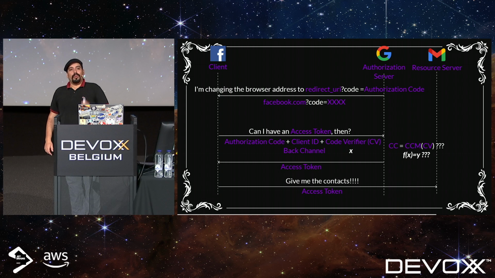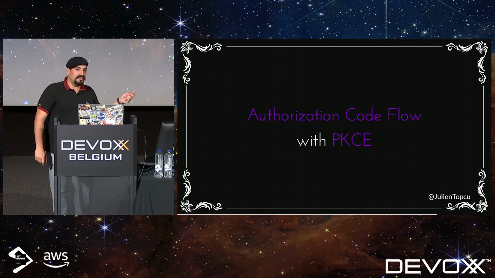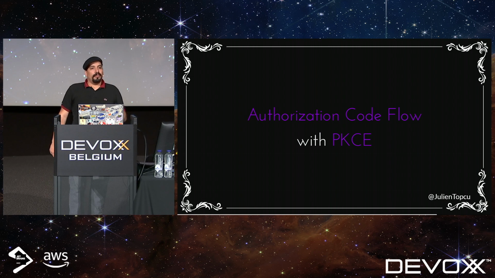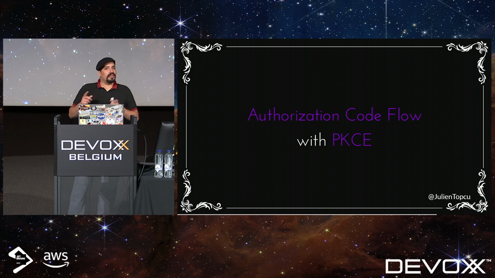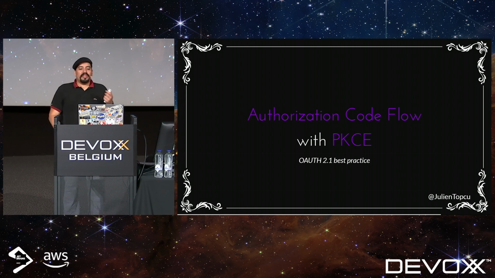This is what we call authorization code flow with PKCE. This is now what replaces the implicit flow and also the standard authorization code in OAuth 2.1. So I strongly recommend you to migrate to that flow. It was not the case yet. So as I said, this is one of the best practices of OAuth 2.1.